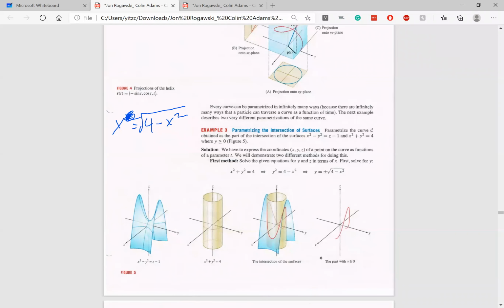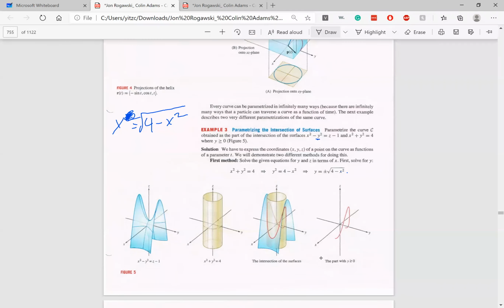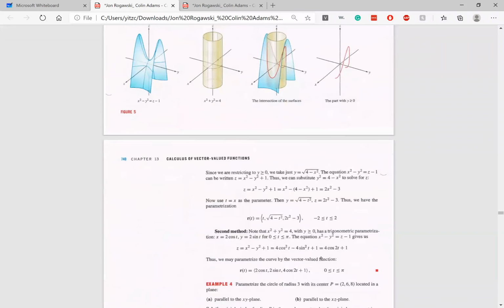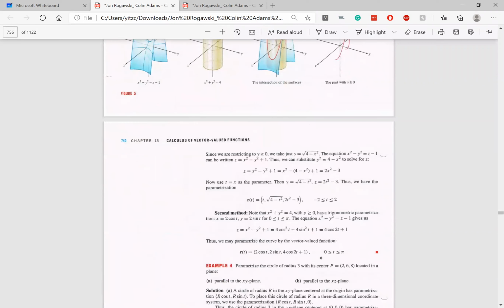So now we can plug this into our surface, and we already have a y squared in this surface. That's what they do over here.